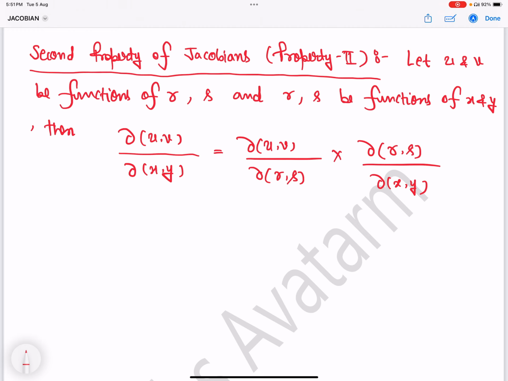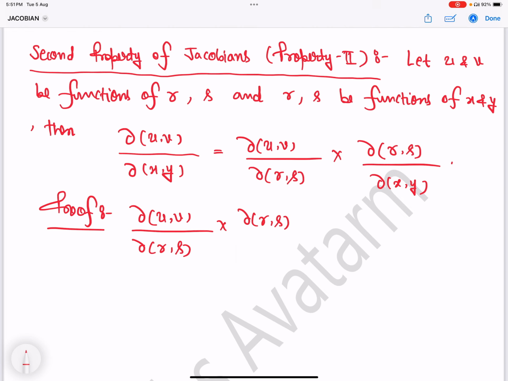We have to prove it. Proof. Jacobian of U, V with respect to R, S into Jacobian of R, S with respect to X, Y. What is this actually? First, we have to write this.